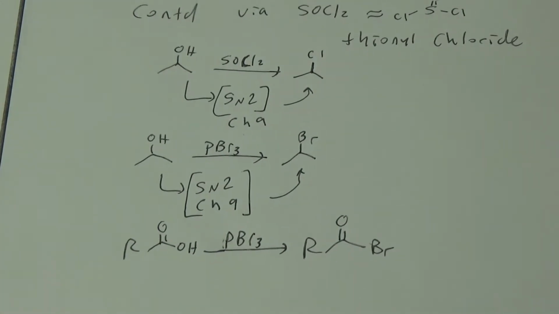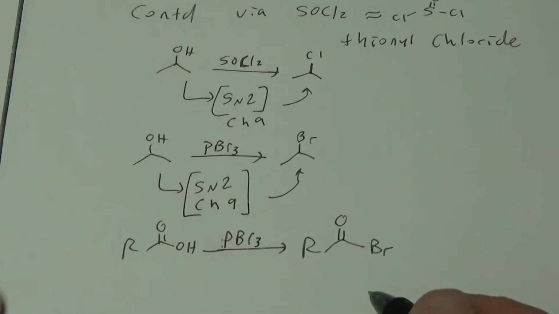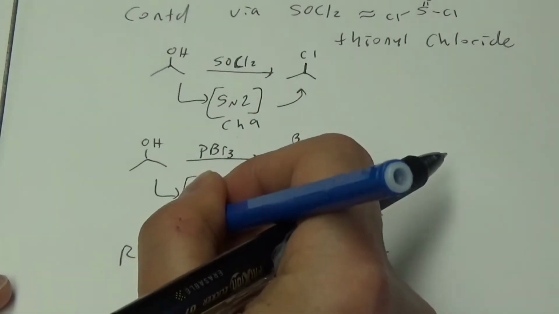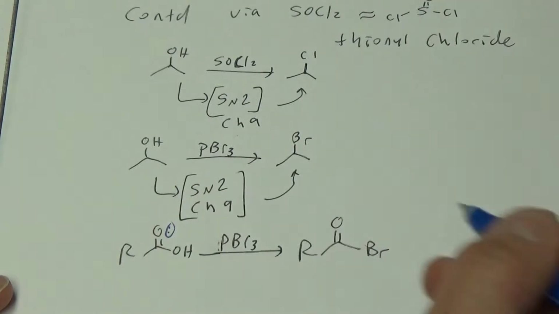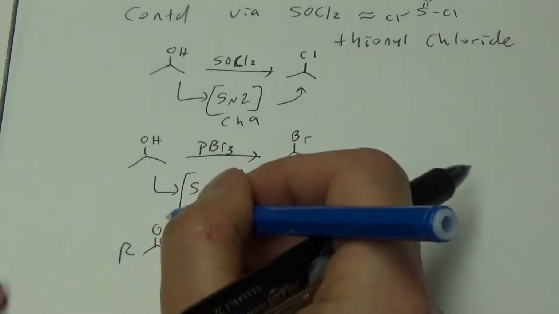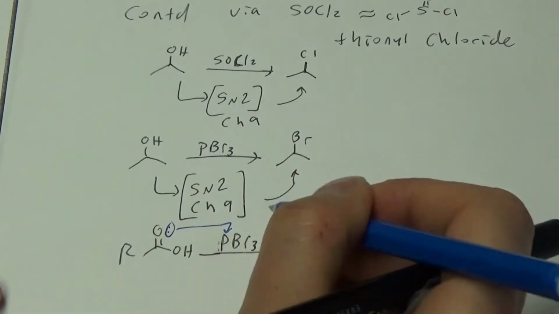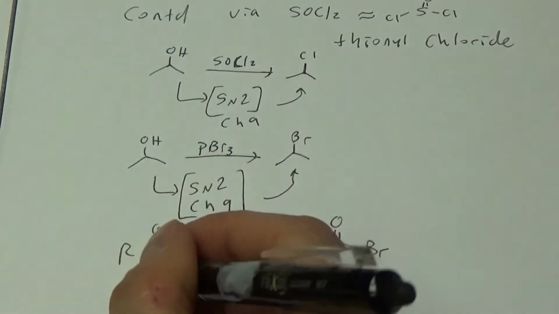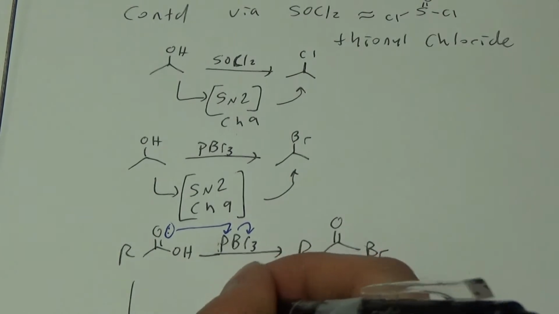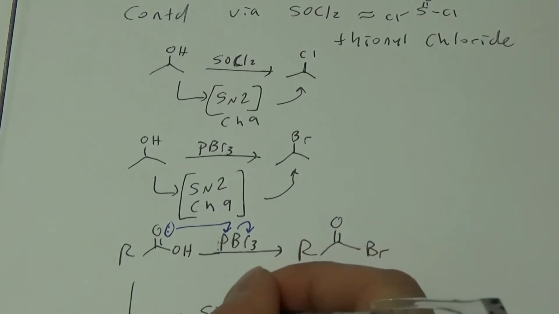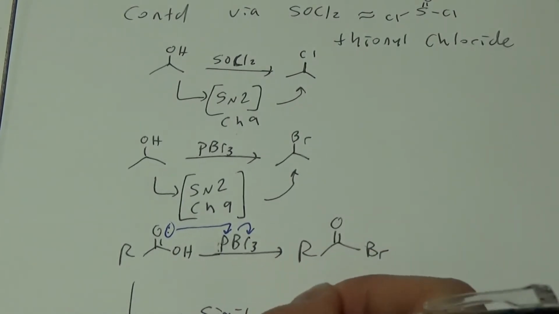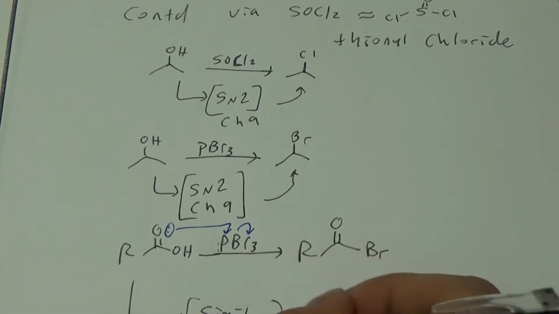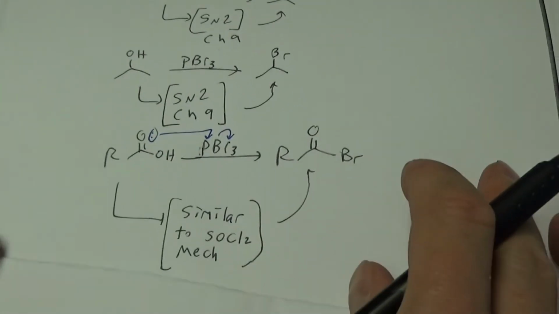You can totally do it. It's a very similar mechanism. I'm not actually going to do the mechanism, but you can try it. It's going to look like your SOCl2 mechanism. The main thing is that oxygen attacks the phosphorus, kicks off one of the Brs, and then it's similar to the SOCl2 mechanism, and that gives the acid bromide.